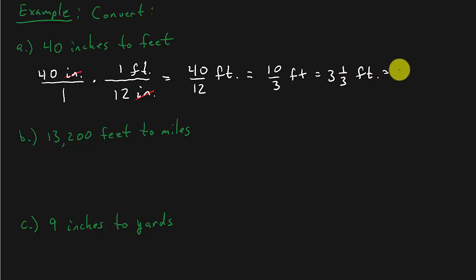Or that's the same thing as 3.3 feet, and this 3 would keep repeating. That's when you put the line over it. That means that it just keeps repeating.